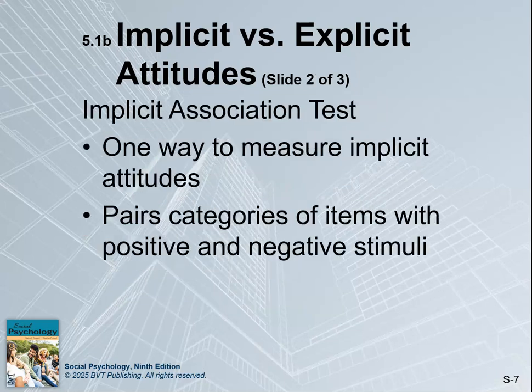There is a way to measure implicit attitude. It pairs categories of items with positive and negative stimuli. And this all relates to what is called the implicit association test.